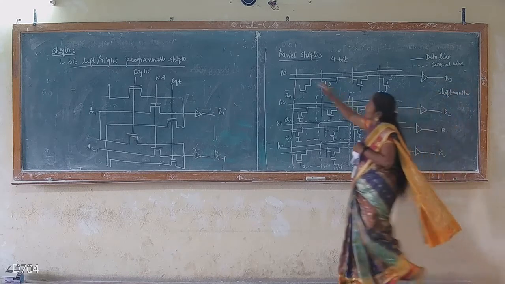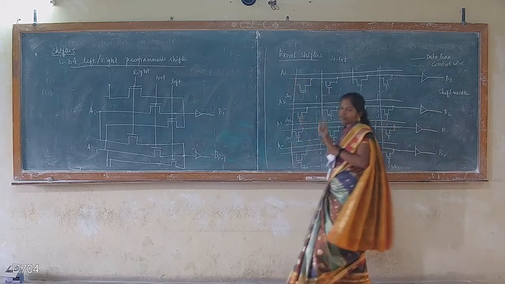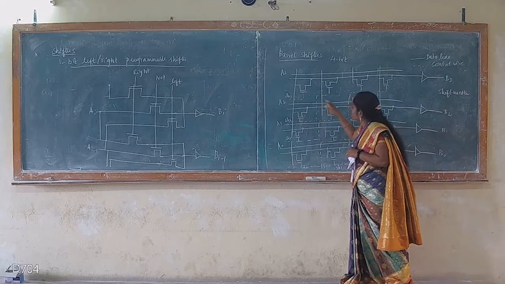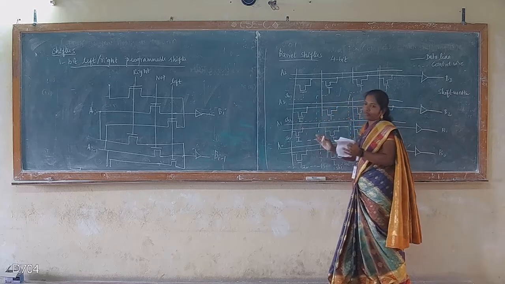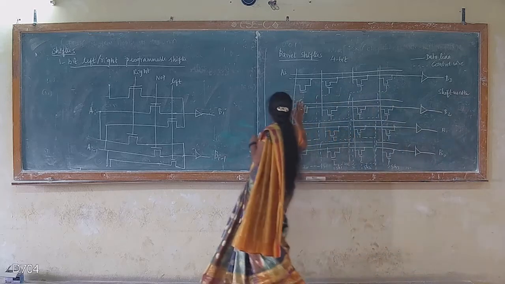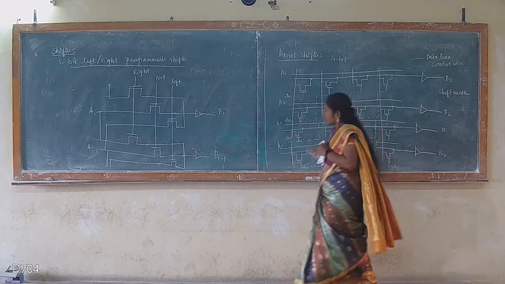So the input word length is 4, and the maximum shift width is 4. The control wires are routed diagonally so that the input word is shifted right. So this is the right shift. This is the structure of the barrel shifter.